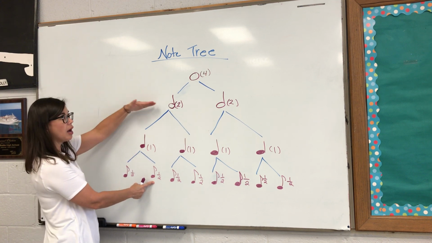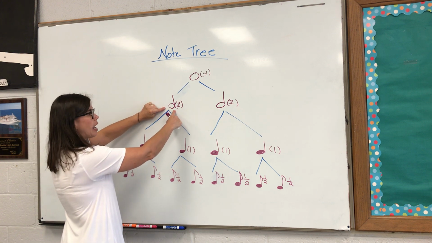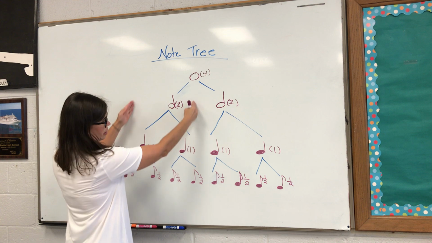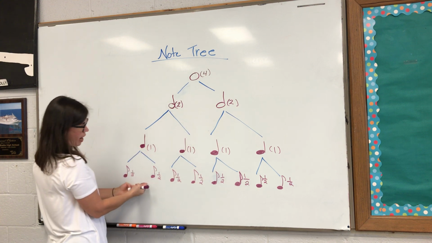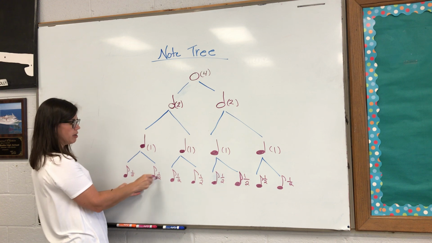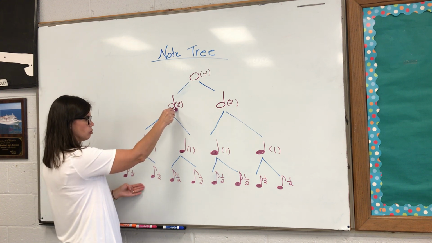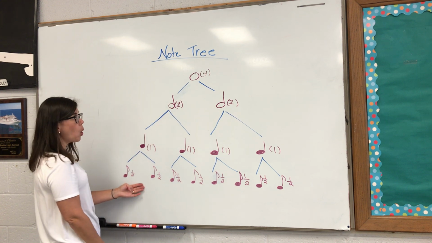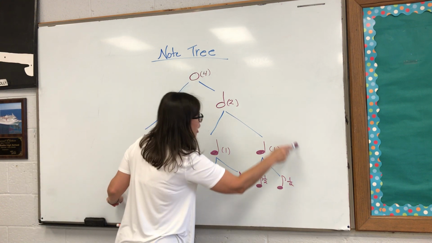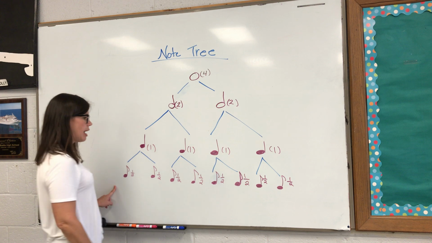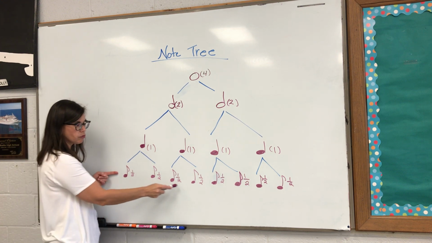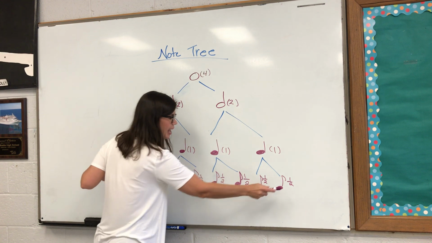Let's go up a level. Every half note can be divided into 4 eighth notes, which equal 2 beats: a half plus a half plus a half plus a half equals 2. Or, each whole note can be divided into how many eighth notes? 1, 2, 3, 4, 5, 6, 7, 8.